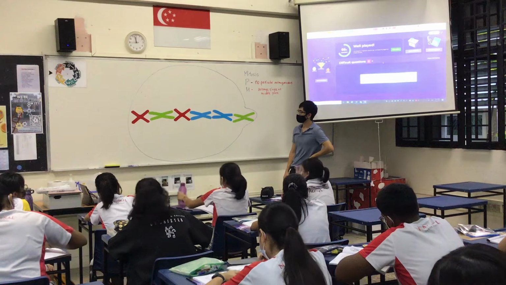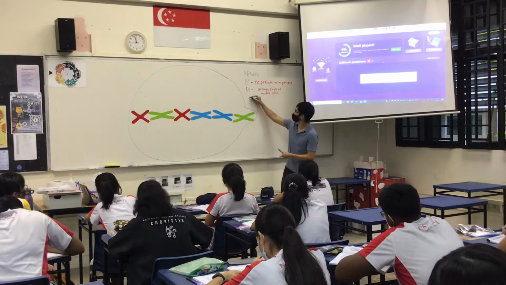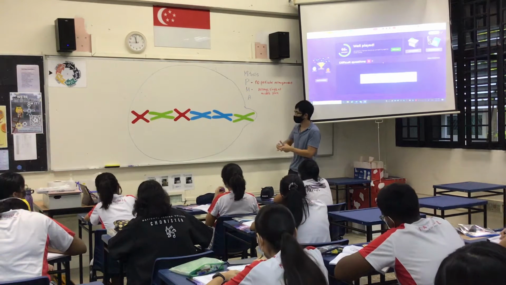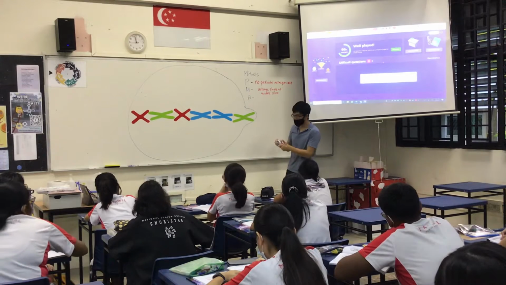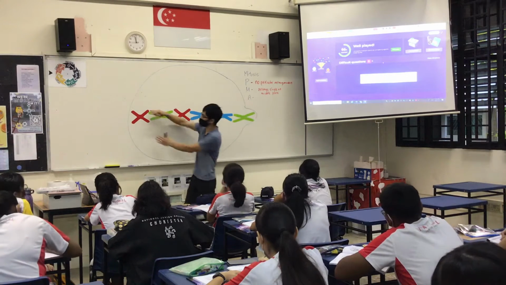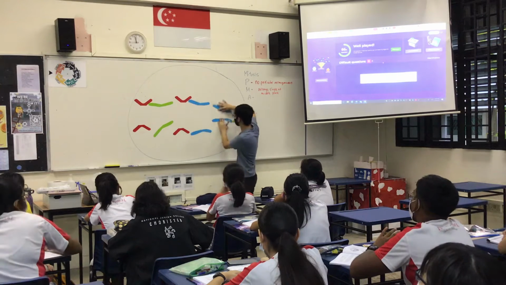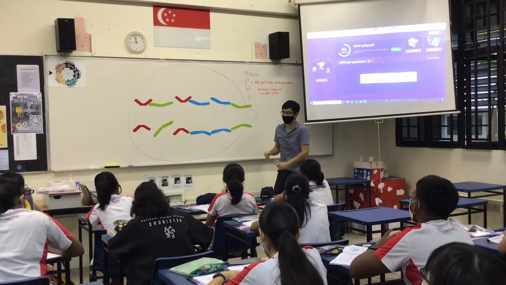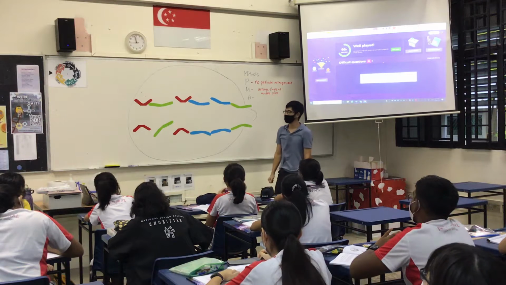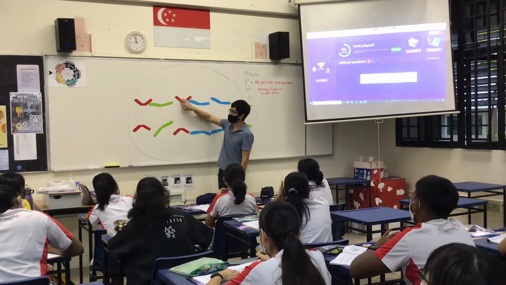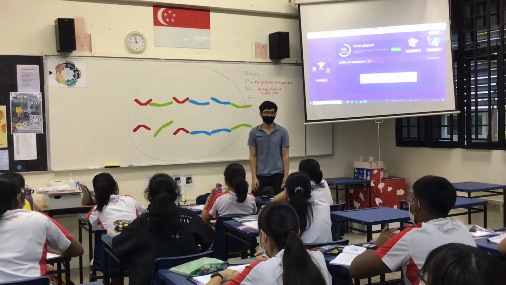Okay, what about anaphase? For anaphase, I'll do it for you. Anaphase, you just pull apart. I know your mind right now is like, okay, this doesn't look quite right. Okay? What would be more accurate for anaphase?